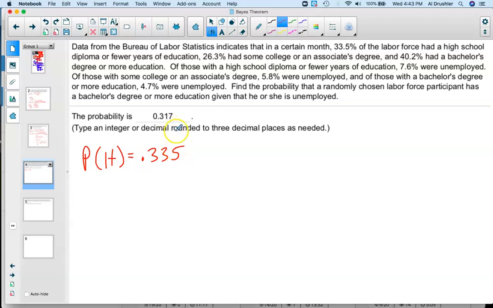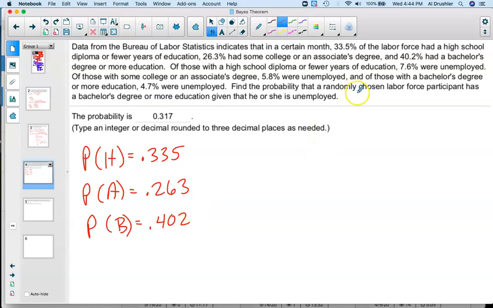And then 26.3% had some college or an associate's, so I'll just say A. The probability of A is 0.263. And then the probability of bachelor's or more, so we'll just say B, is 0.402.